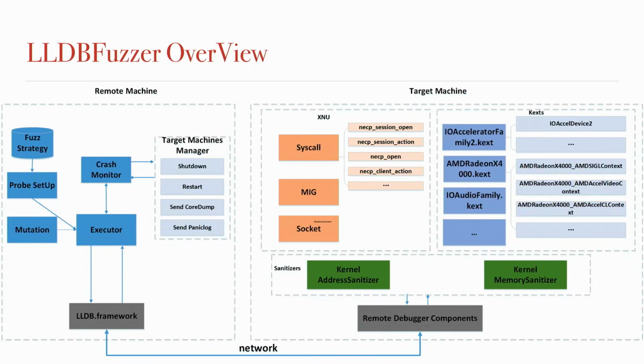We will introduce this key module, how to implement this kind of remote debugger, in the later part. And you can see that the XNU and the kernel extensions are our fuzzing targets for debug and for fuzz. Typically, this kind of kernel extension could include some buggy modules, such as graphics related, audio video, or other kinds of related drivers.